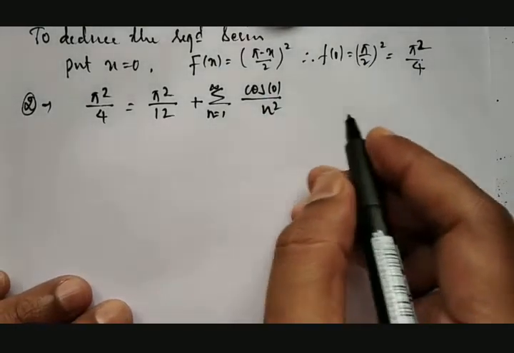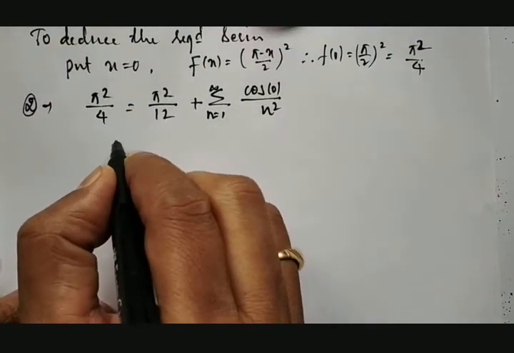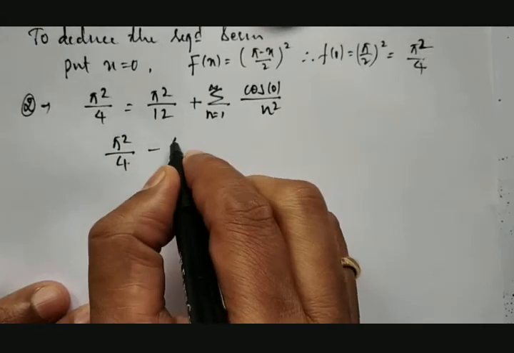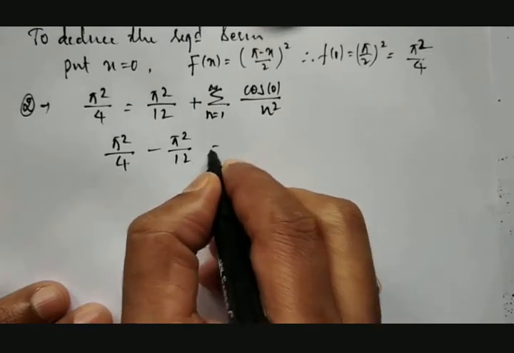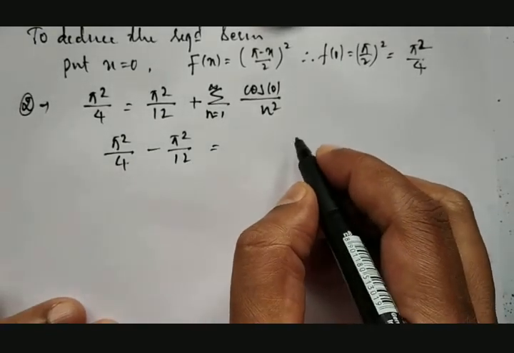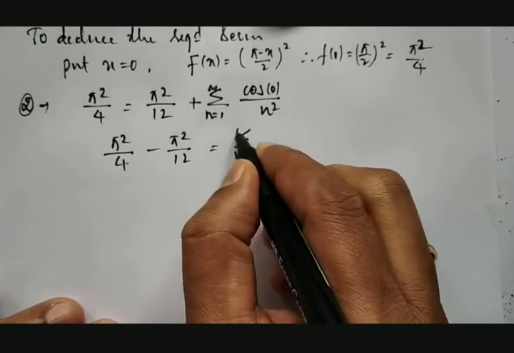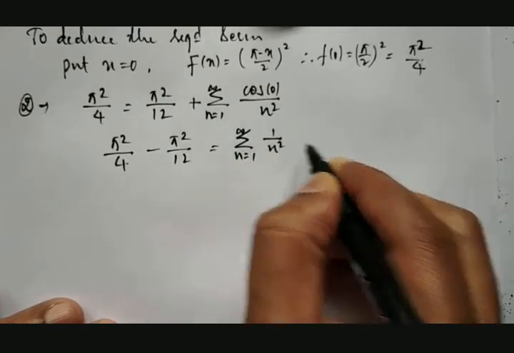Fine. Therefore, we will be taking pi square by 4, and this will be taken to the other side. It becomes pi square by 12, which is equal to summation from n equal to 1 to infinity 1 divided by n square.